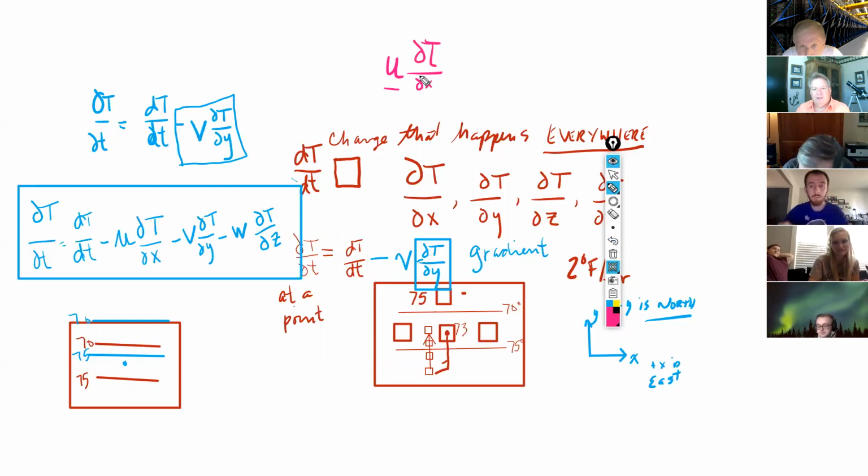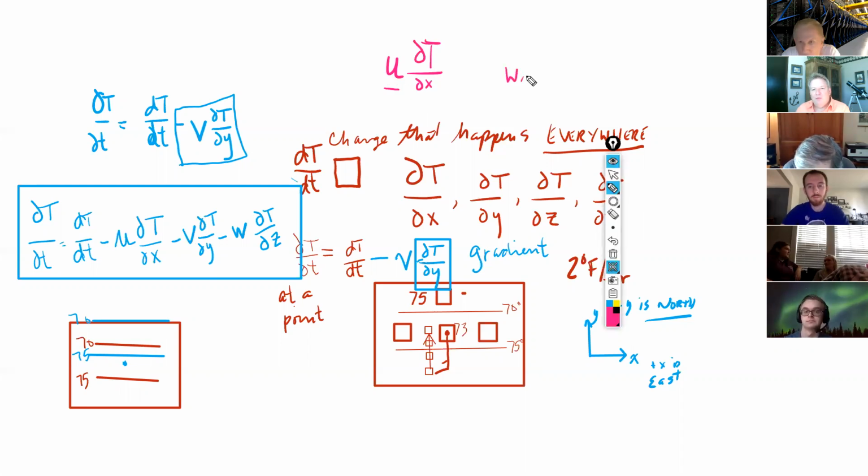Zonal wind times gradient. It looks like tau, I know. I'm ashamed of my bad T. How's that? Is that better? So that would be the wind times the gradient.